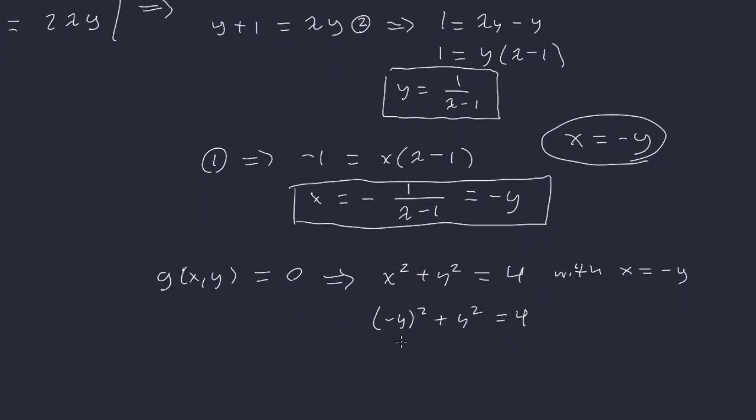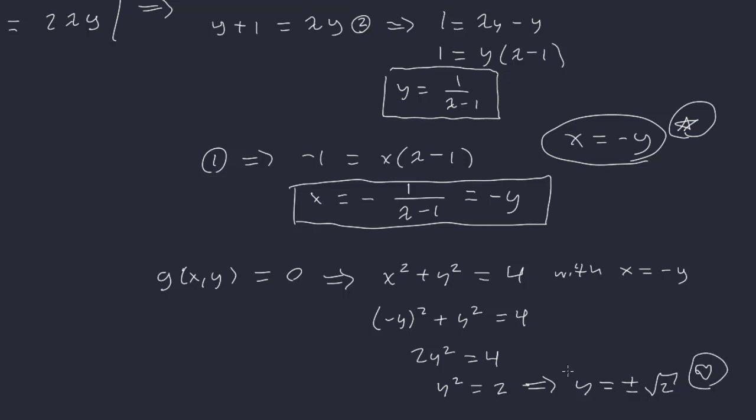Negative y squared is just y squared, so this comes out to be 2y squared is equal to 4, so y squared is equal to 2, giving us that y is equal to plus or minus the square root of 2. I'm going to call this statement here star, and this statement here, let's call it heart.